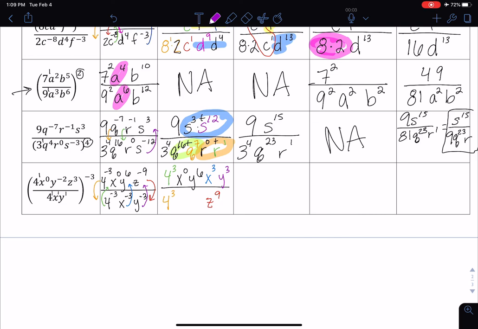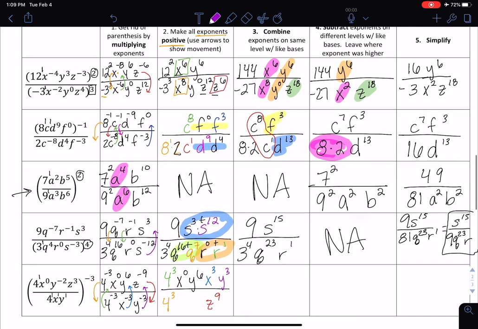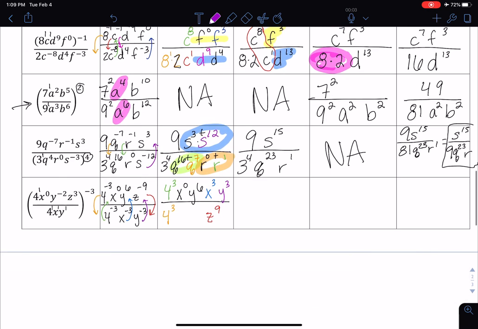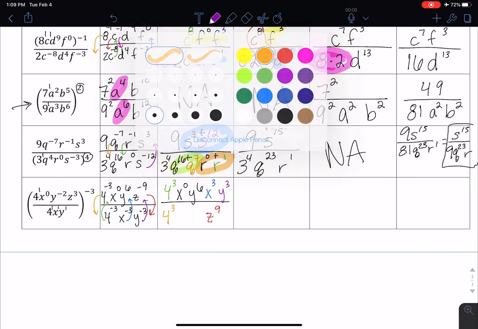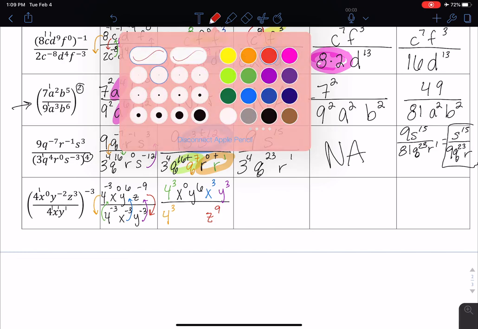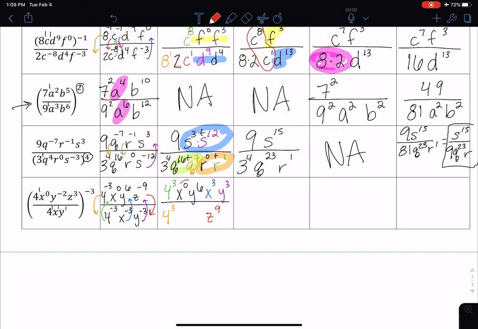Okay, so now we're going to combine the exponents that have the same base, they're on the same level. Okay, so what that means is all my x's, so I'm going to circle them in red, we're going to add together. So 0 plus 3 plus 3.